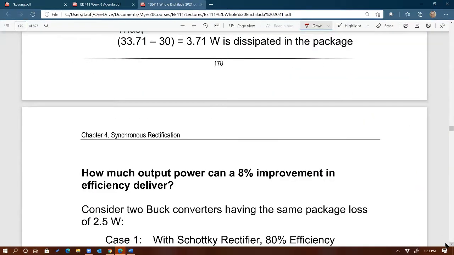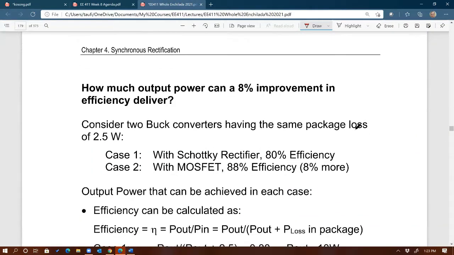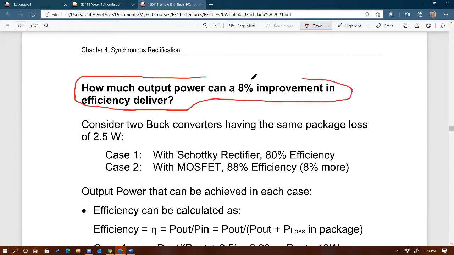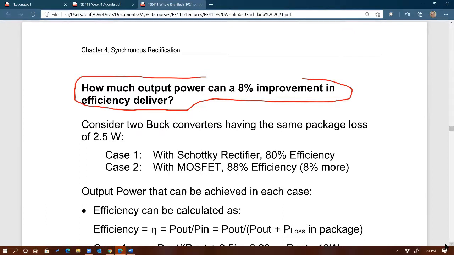Well, maybe, but if you look at the 8% efficiency improvement in terms of how much output power the converter can deliver, then hopefully I can change your mind about saying that 8% is not much. So let's look at how much output power an 8% improvement can deliver.